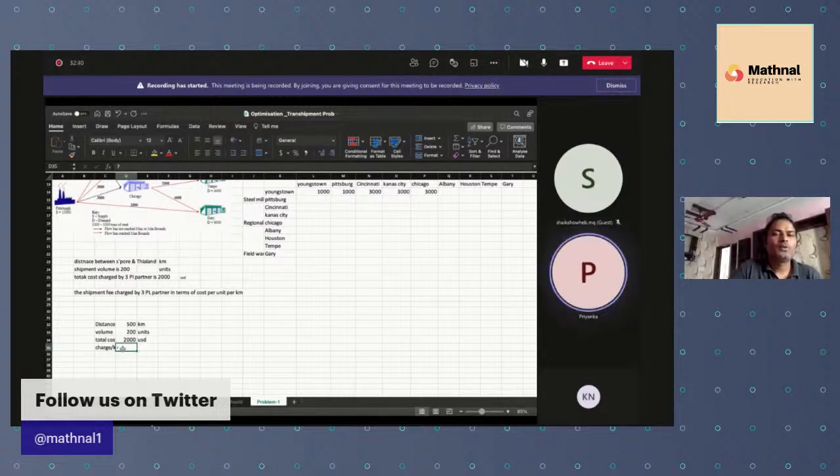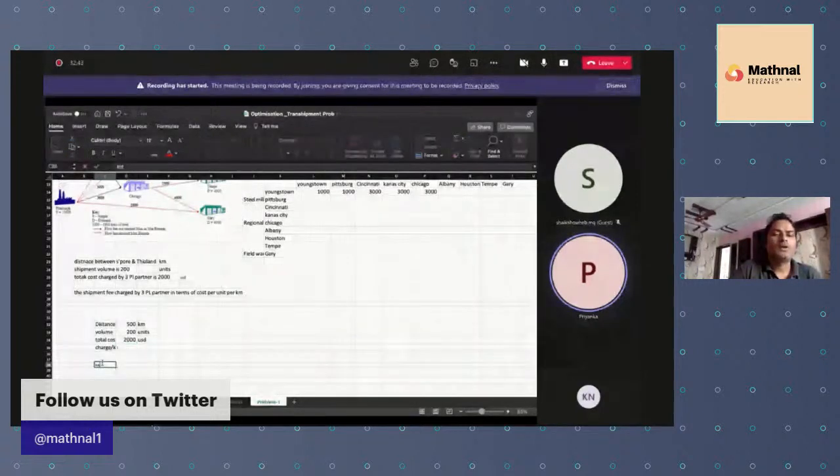Okay, let's write down below that. The total charge for 500 kilometers is how much? $2,000. So what is the charge for 1 kilometer then?